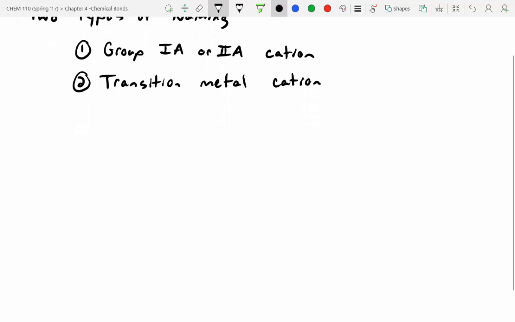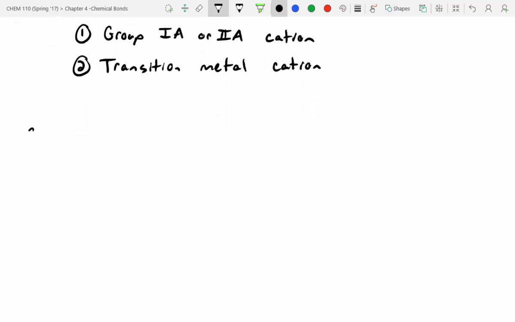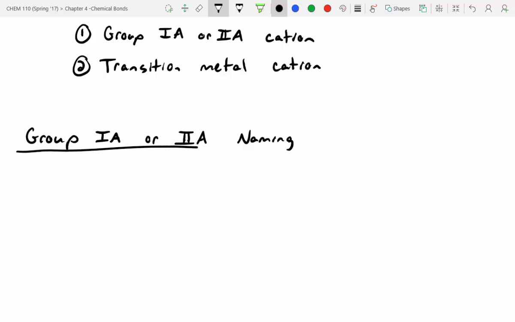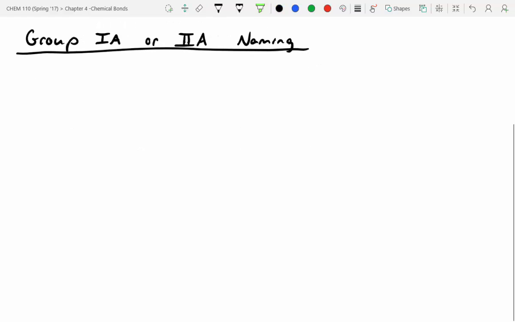So let's do type 1 examples. Group 1A or 2A naming. Okay, so this one's pretty easy.